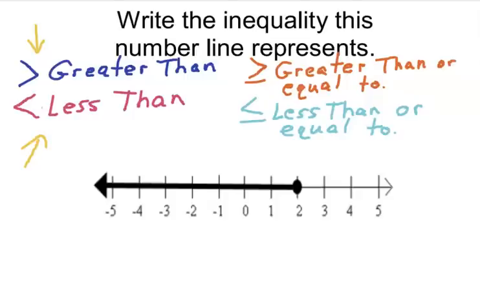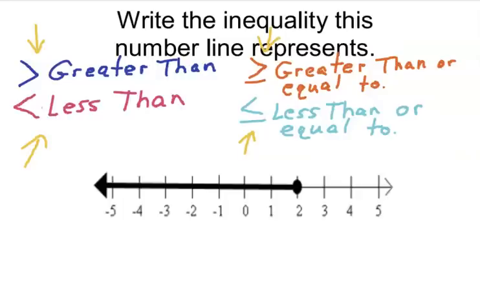It was not going to include it. This one is colored in, which means we're going to include the number that has the dot above it. So it's going to be either this one or this one. Okay, so it's going to be either greater than or equal to, or less than or equal to.